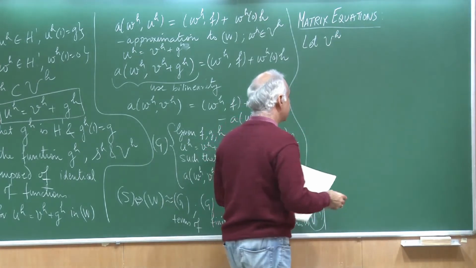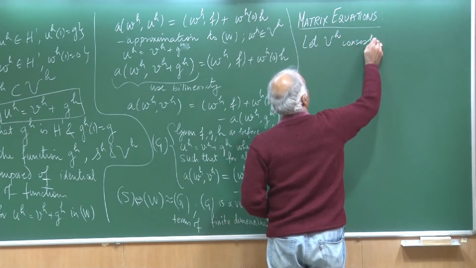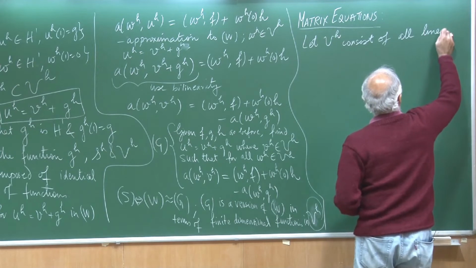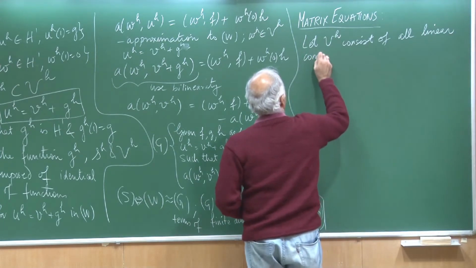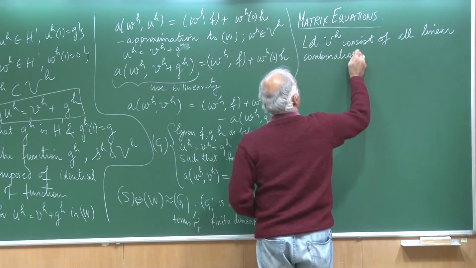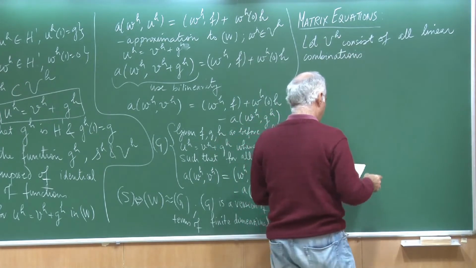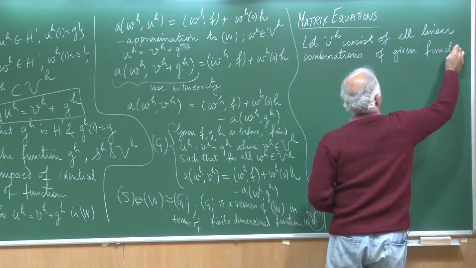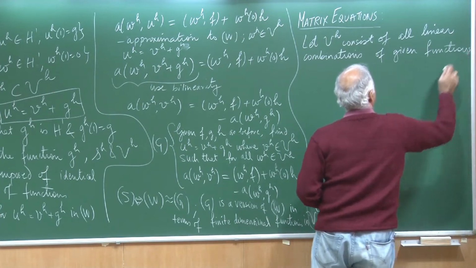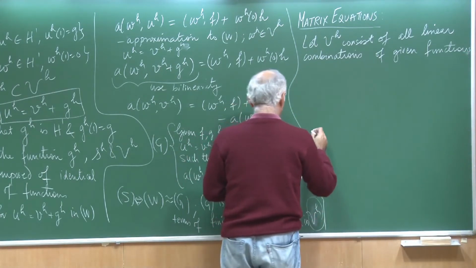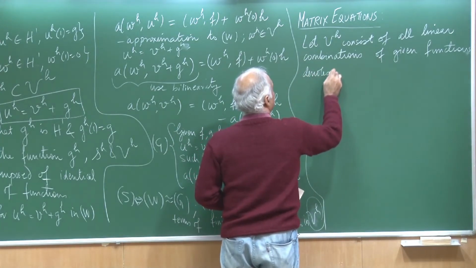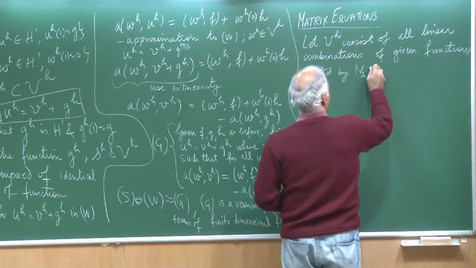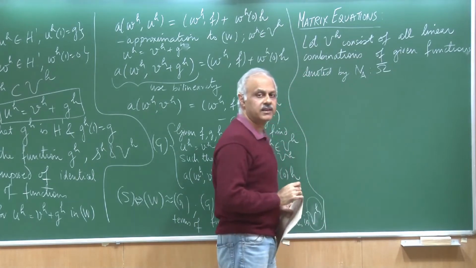Let the space Vh consist of all linear combinations of given functions denoted by N_A, and these are defined on the closed interval omega bar.